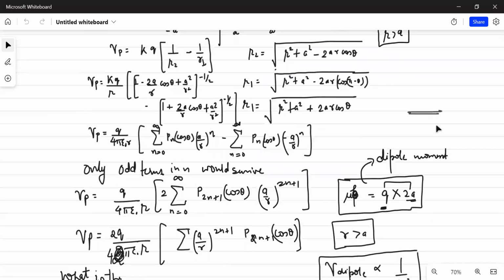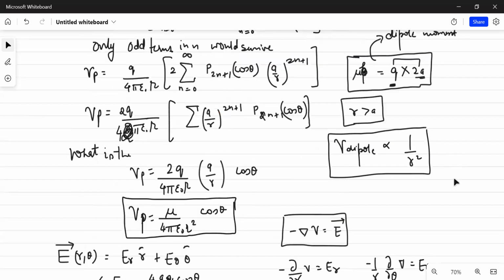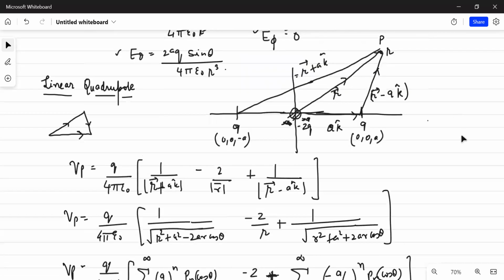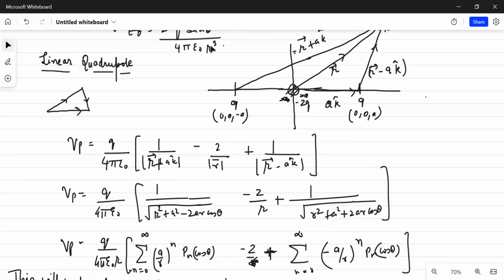We also tried to find the potential due to a quadrupole arrangement. So we made a linear quadrupole arrangement.